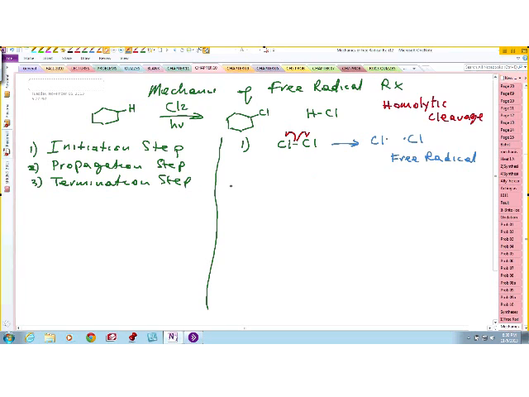Now you come to the propagation step. The chlorine free radical that you form will now react with the starting material. In this case, it is cyclohexane, or it could be methane, or any molecule that contains hydrogen attached to an sp3 carbon atom.